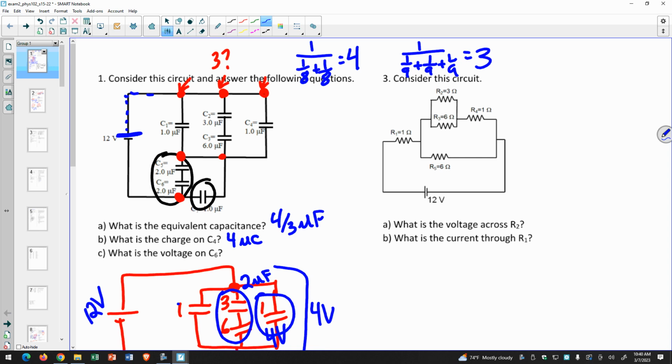We've seen some others as well, like I think 1, 2, and 6. Is that right? 1 over 1/2 plus 1/1 plus 1/6. That's 3/6. It must be 2.